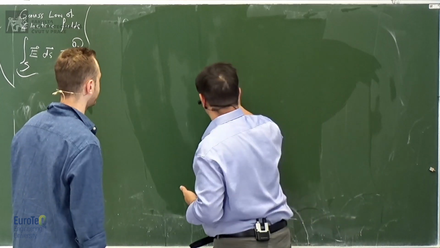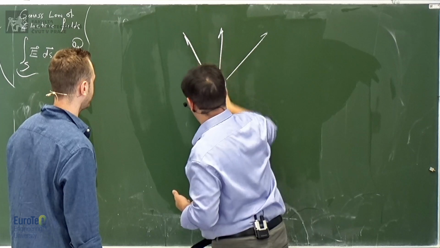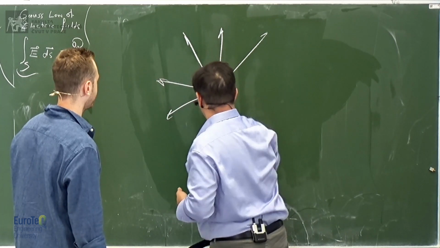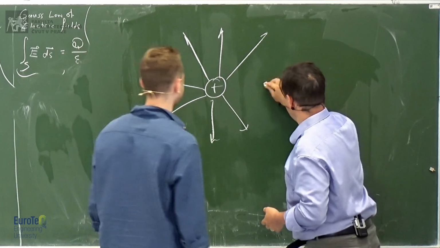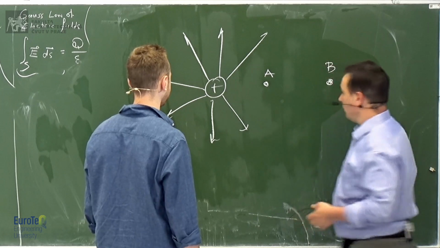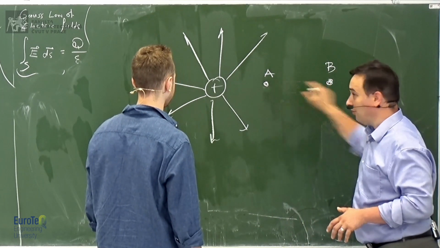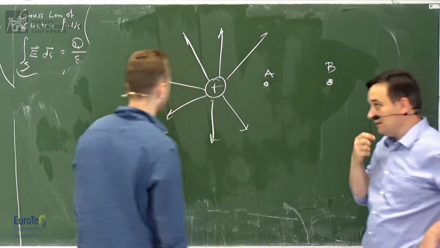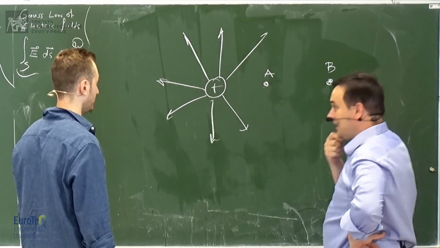Okay, I have a charge here. This generates an electric field. Now I have 2 points, point A and point B. What is the voltage between these 2 points? Well, I would just say UA minus UB.